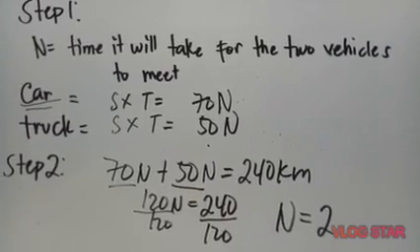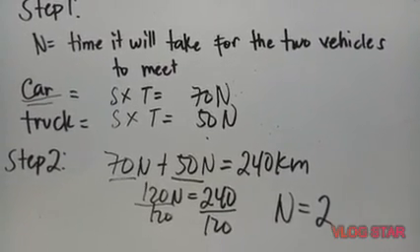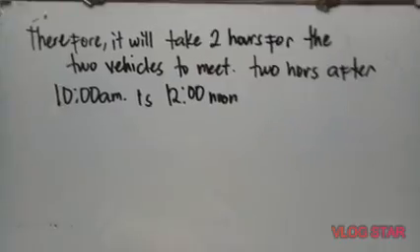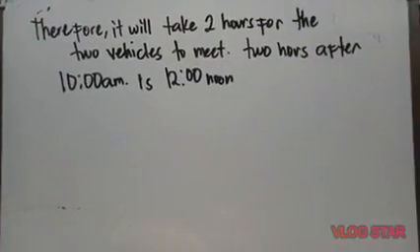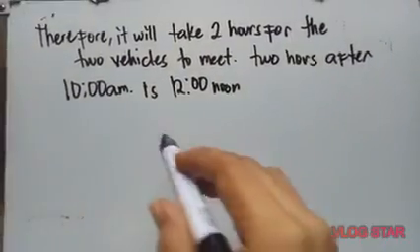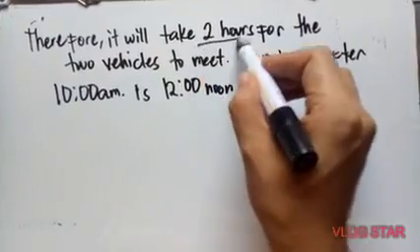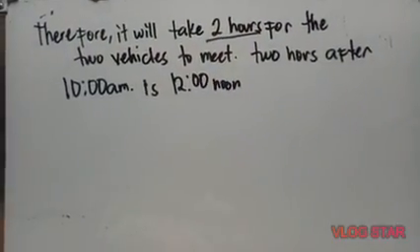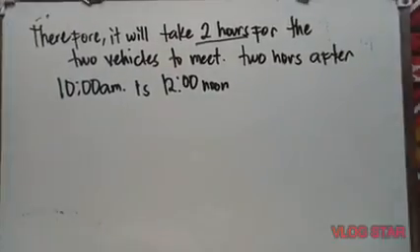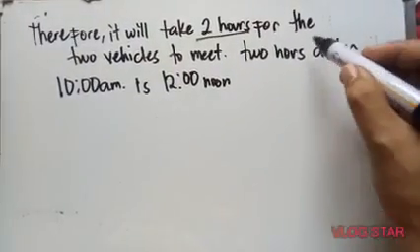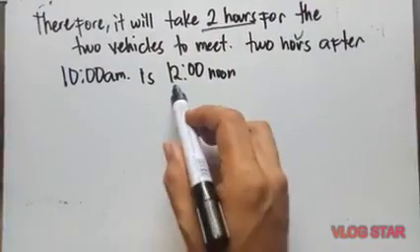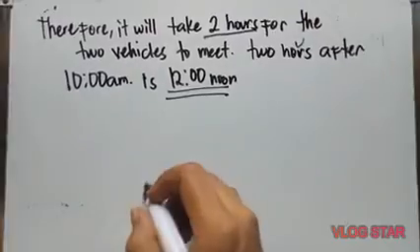So this is the end of step 2. We already found the value of n, which is 2. Therefore it will take 2 hours for the two vehicles to meet. 2 hours after 10 a.m. is 12 noon. So they will meet at 12 noon.